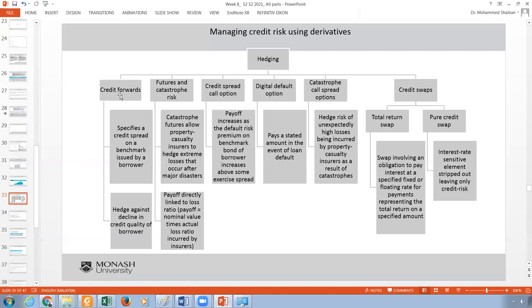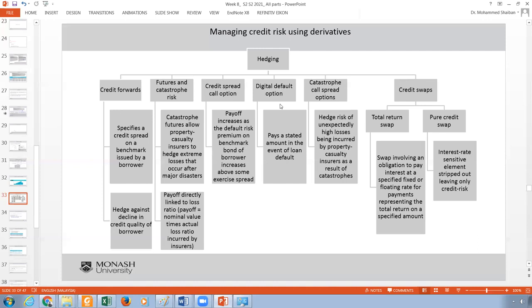It's like the credit forward, but the credit forward is between two people, where if the quality goes up, you have to pay them, and if the quality goes down, they have to pay you. Here, no, it's just an option. If it goes down, then in this case, you will exercise that option. Otherwise, you will not exercise it.